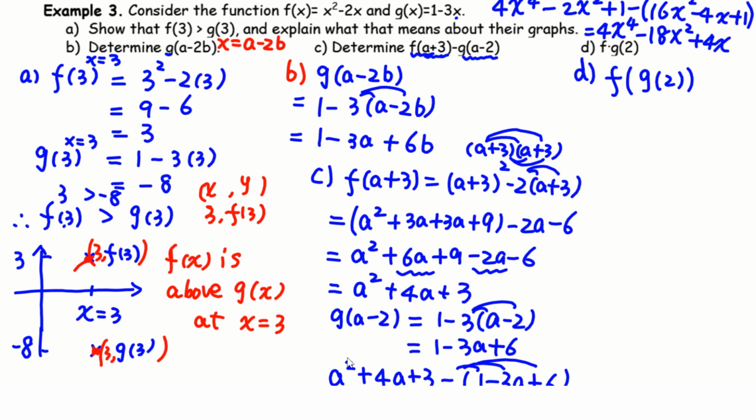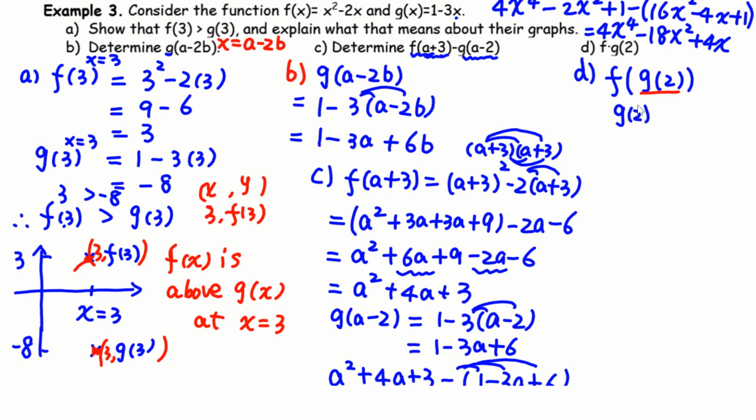For this type of question, you are going to go from inside to outside. So find the g at 2 first. After you find the value of g at 2, then use this one as the x value to sub into function f. So you are going to do g at 2 first.